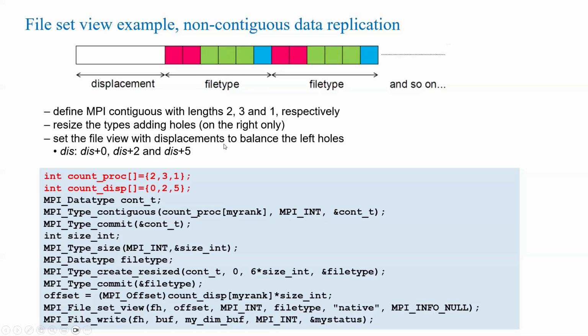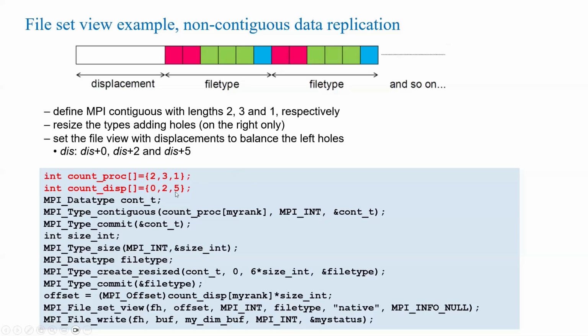So in your coding here, you can say the count per process: the first one is 2, the second one is 3, and the third one is 1. And the displacement will always add up, from 0 to 5.